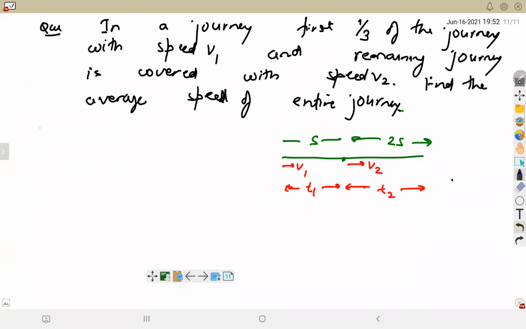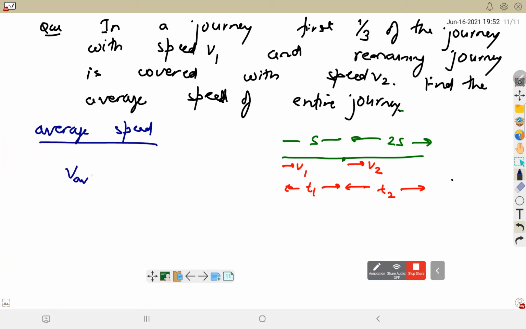The average speed is just the total distance divided by total time. Total distance is 3s and total time is T1 plus T2.